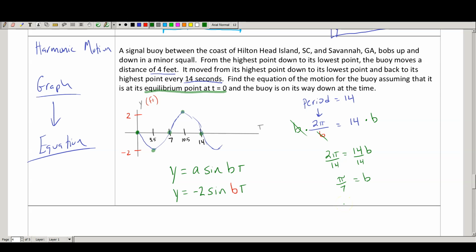So pi over 7 is the b value in this situation. So I say y equals -2 sine, the b value is pi over 7 times t. There's my equation for this problem.